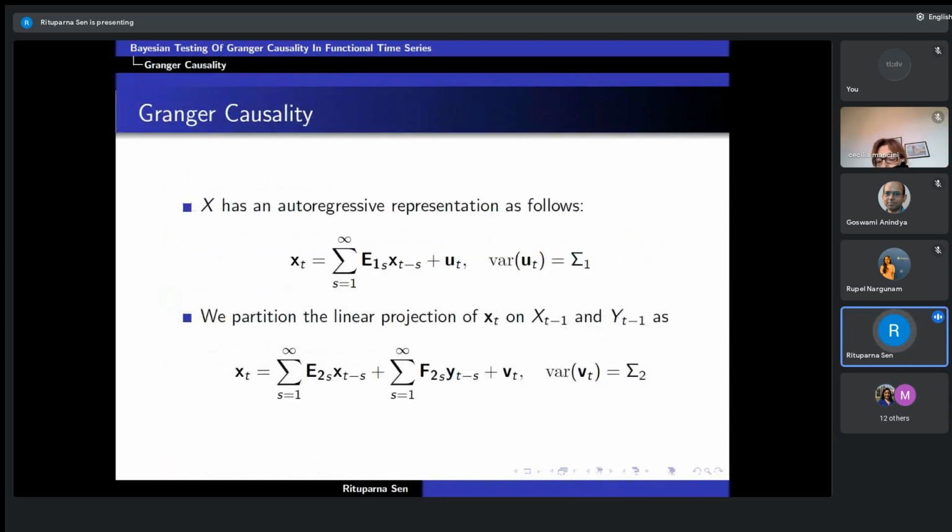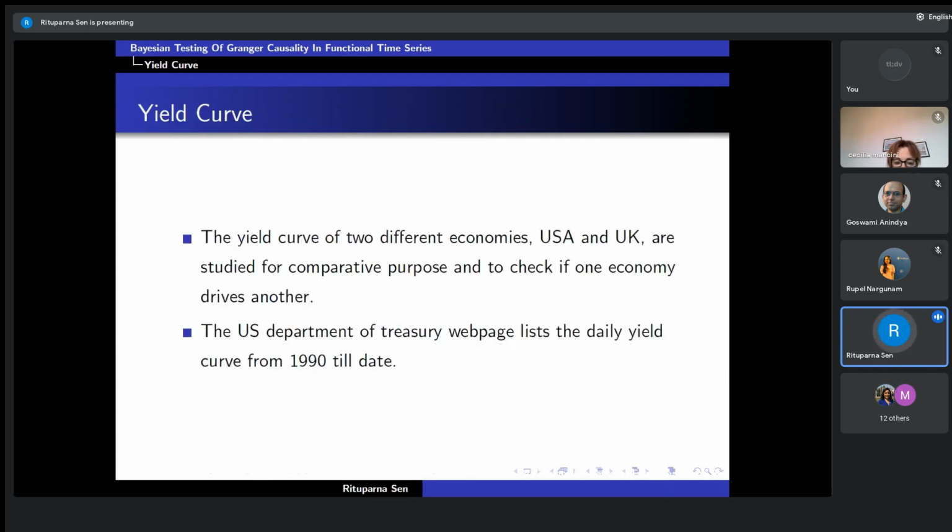So you think of this as univariate, then you will have a variance of u, the sum of squares error for u ultimately after fitting the model, and you will have one for v, and then you compare these two variances. So not multivariate, but just univariate. So you have two scalar sums of squares, you will compare them with an F-test and see if that is significant or not. Okay, that is the standard way of doing Granger causality.